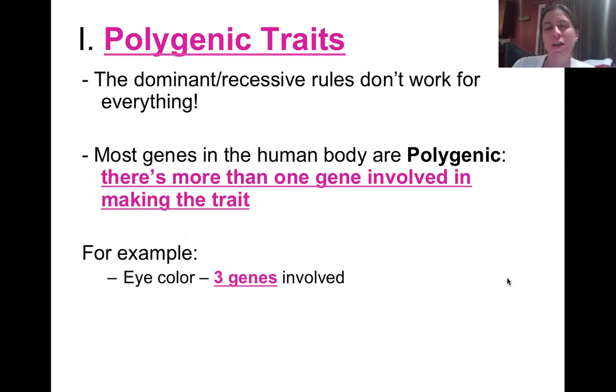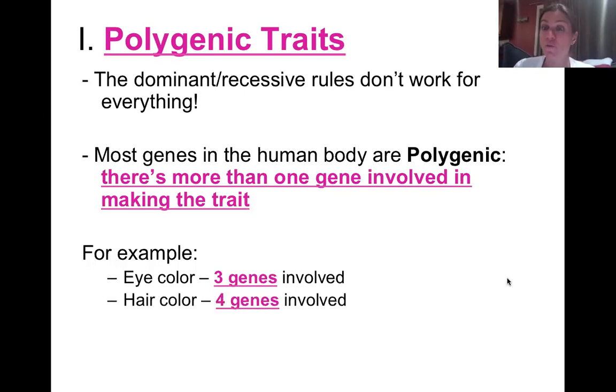So you can't really do a simple Punnett square to figure it out. With a Punnett square, you're looking at one allele and two combinations. But now when you have 3 genes, you're exponentially growing how many crosses you would have to do, because you would have to try each of the combinations out with each other.